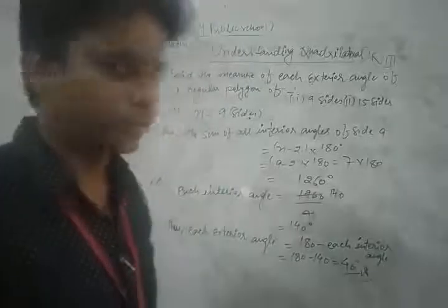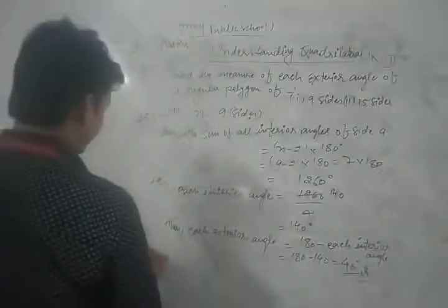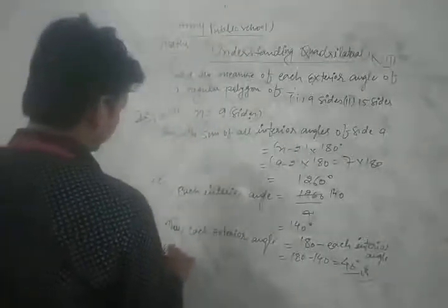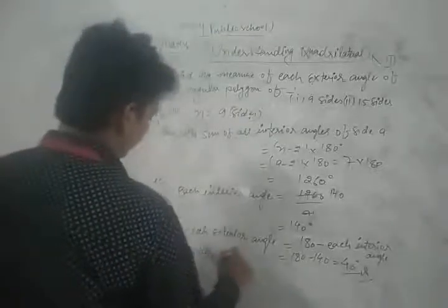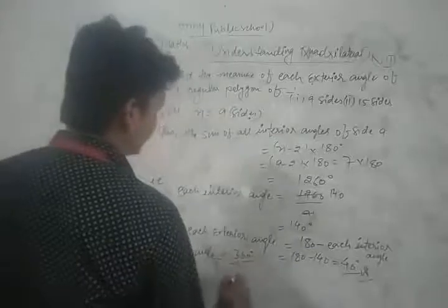One of the most important things is that we described another formula to find the exterior angle. In another way, each exterior angle is equal to the sum of exterior angles, which is 360, divided by the number of sides, which is 9.